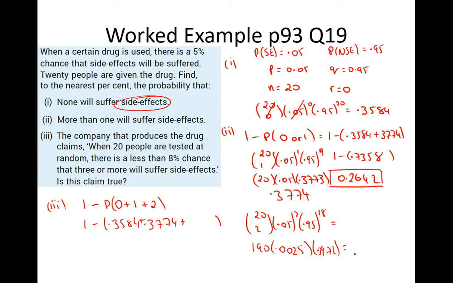Okay, so let's multiply those. Multiplied by 0.0025, multiplied by 190, and that comes out as 0.1887.